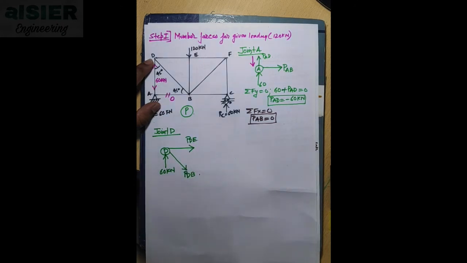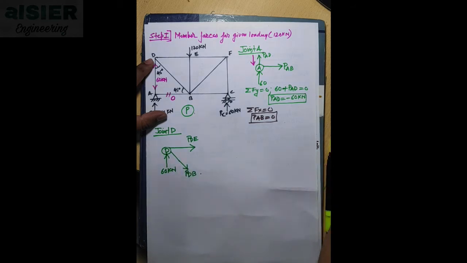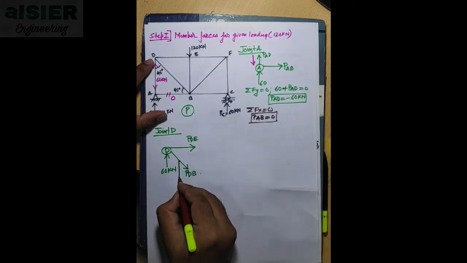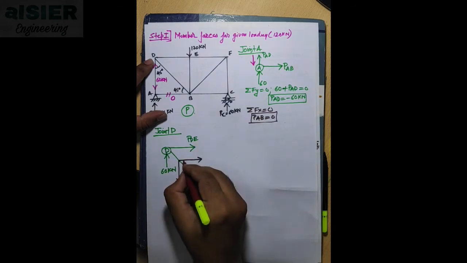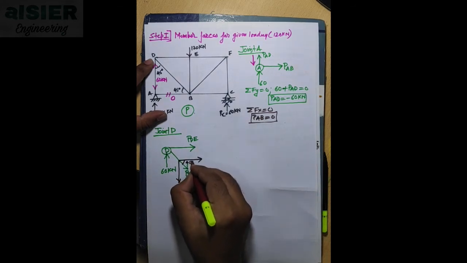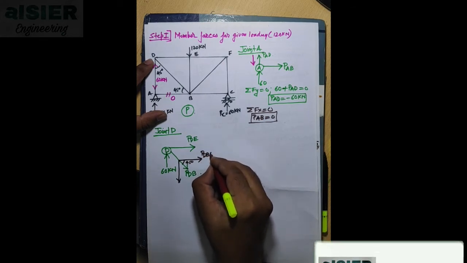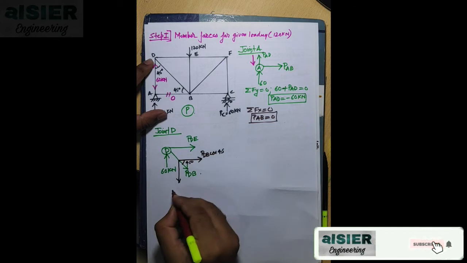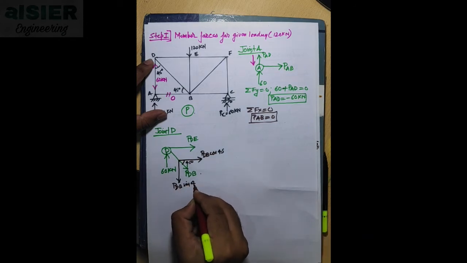Right? Now what we will do, we will resolve this into two components. We know that this is 45 degree, so this will be PDB cos 45, and this one PDB sin 45.